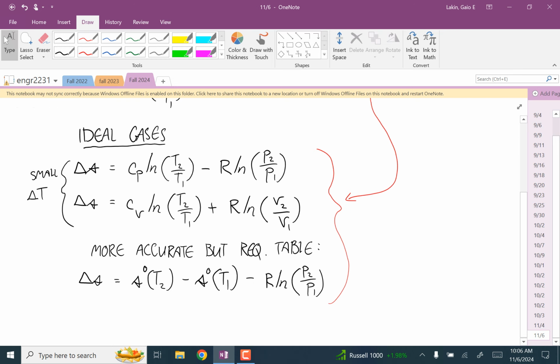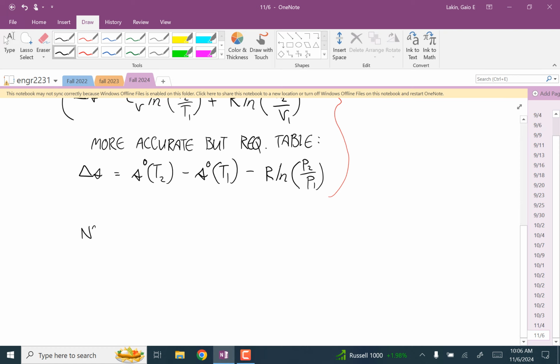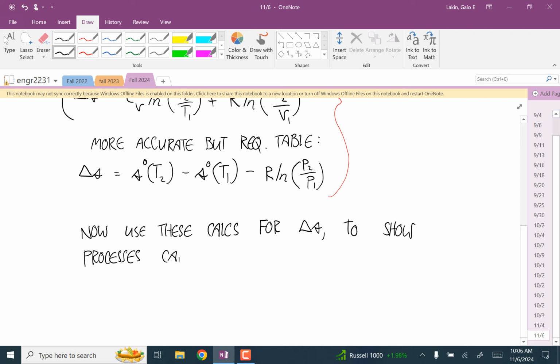Okay, so now we're going to use these calculations for delta S to show the direction that processes occur, that processes can only move in one direction.